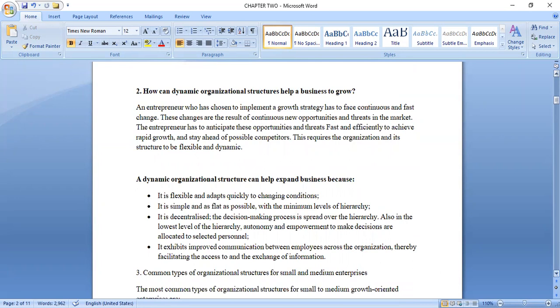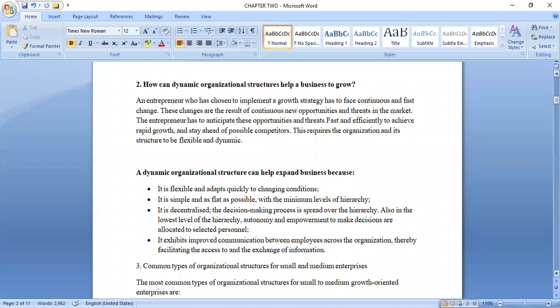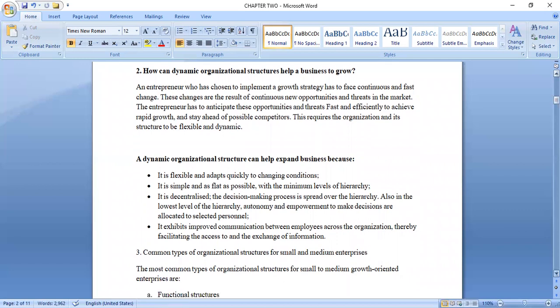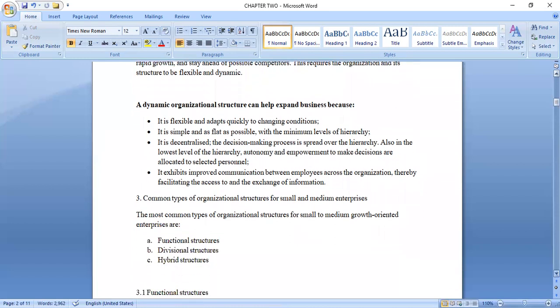So these dynamic organization structures help businesses to be able to identify their strengths, weaknesses, opportunities and threats, right? And to be able to work in terms of being ahead of their possible competitors.